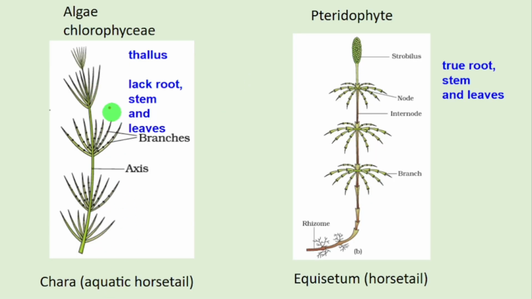See, it looks like a plant, but you have to remember this is not stem, this is called axis. If you compare this structure with another example, Equisetum, which is from pteridophyte, pteridophytes have true root, stem and leaves. So compare the structure, they look the same. And because it resembles horsetail, this is called aquatic horsetail.